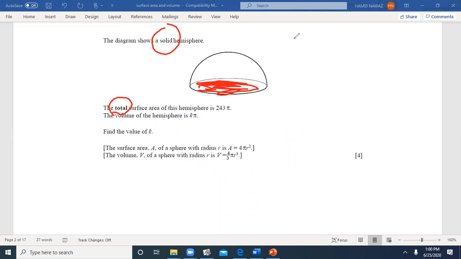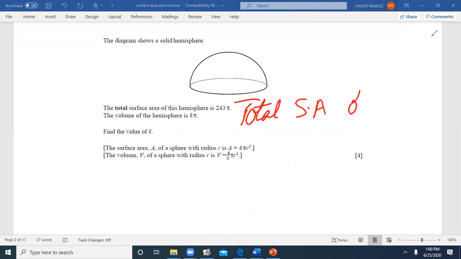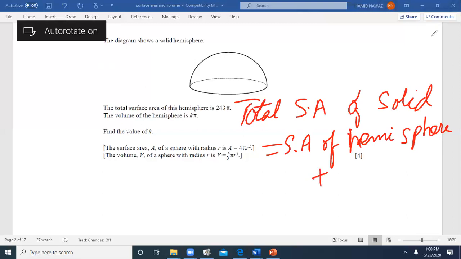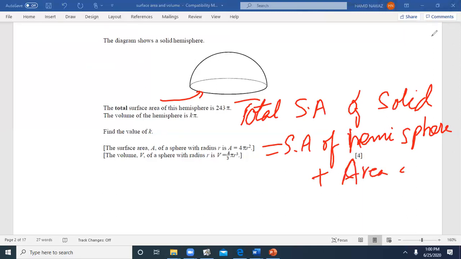So, the total surface area of solid will be the surface area of hemisphere plus a circle at the bottom, okay? Plus the area of a circle.